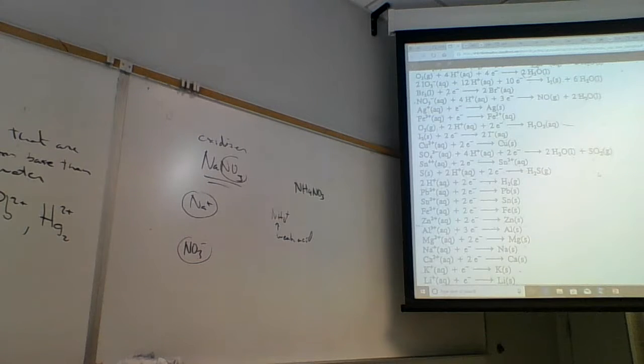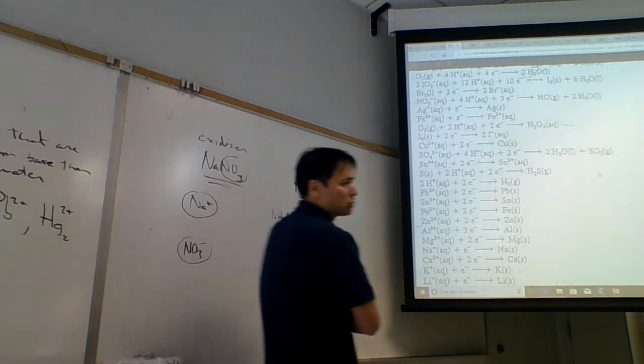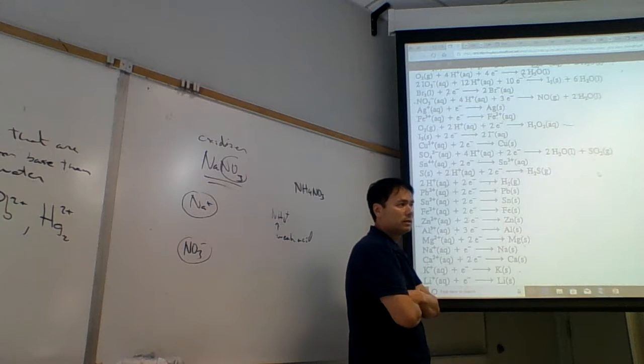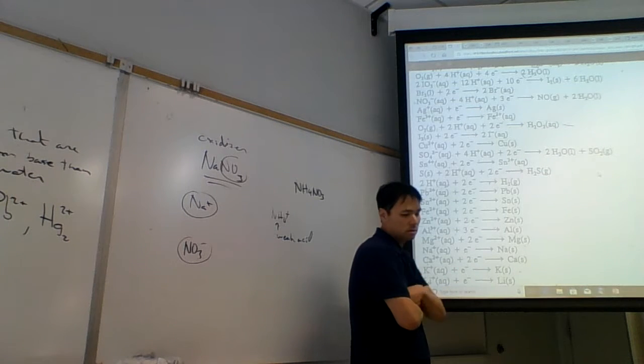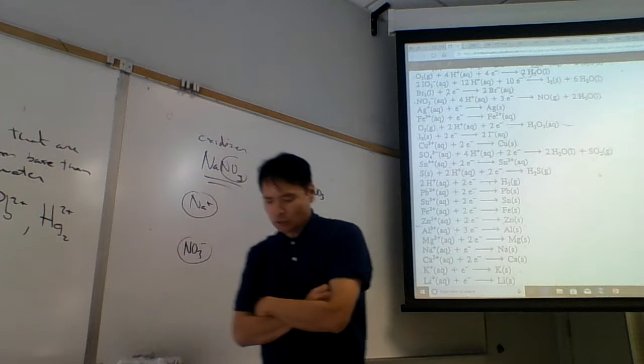So what should we say? If ammonium does not occur on the redox chart, should we just call it neutral? It doesn't want to do anything, redox-wise? No, we can't. We need a bigger redox chart, because this redox chart is pretty short.